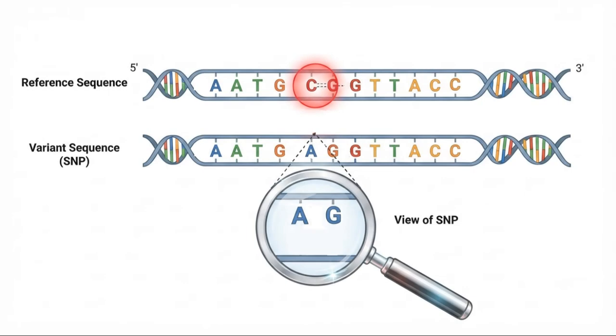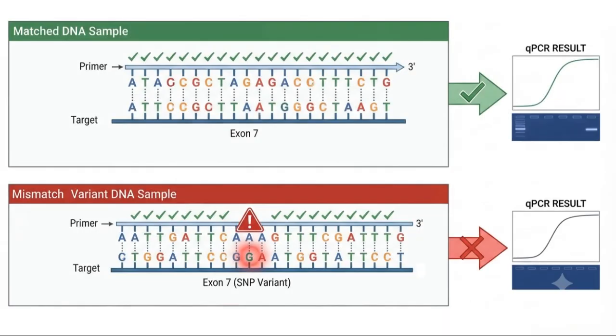A SNP is a single nucleotide polymorphism, a naturally occurring variation in the DNA sequence. If a SNP lies inside your primer binding site, some samples will match the primer perfectly, while others will contain a mismatch. That mismatch can reduce primer binding, decrease amplification efficiency, or even prevent amplification entirely.